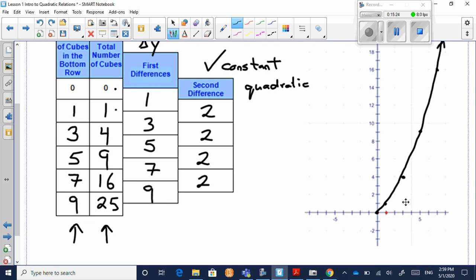Now we don't have any negative values here, so we'll just leave it as the half parabola. Negative values don't really make sense in this situation. You can't have negative cubes. But if we were to do it algebraically, we'd start curving up on the other side.